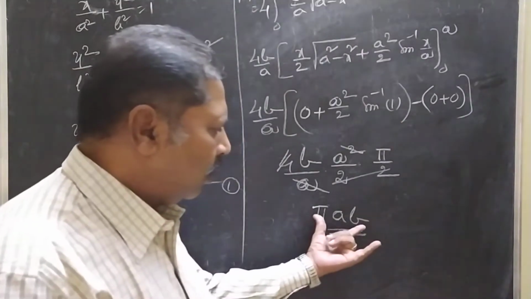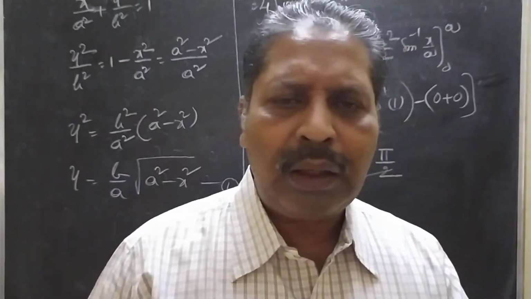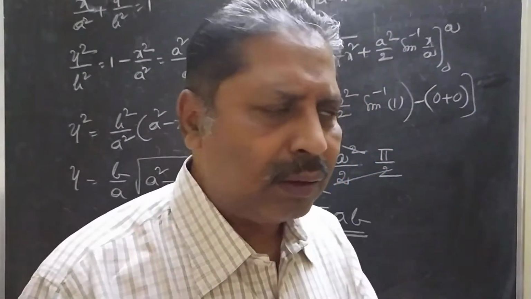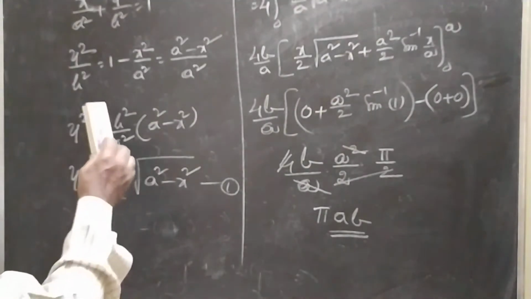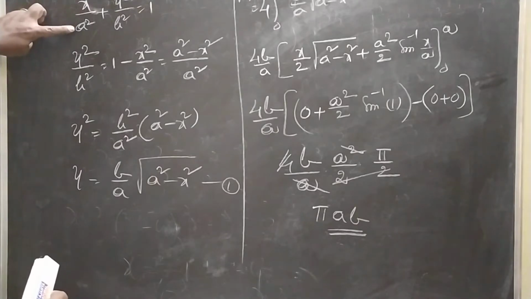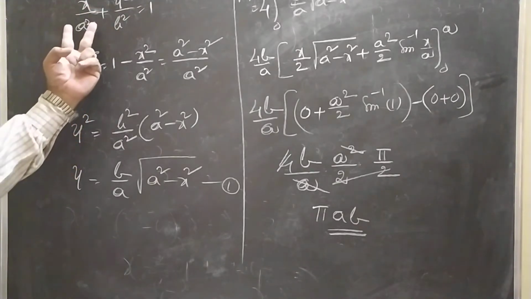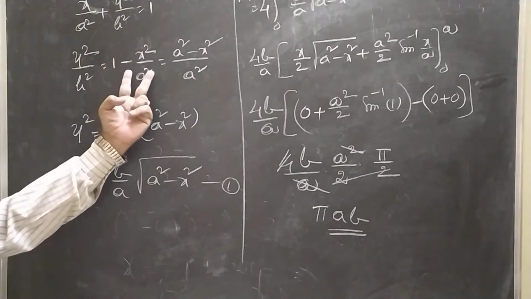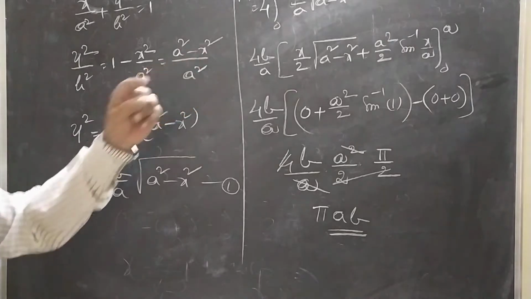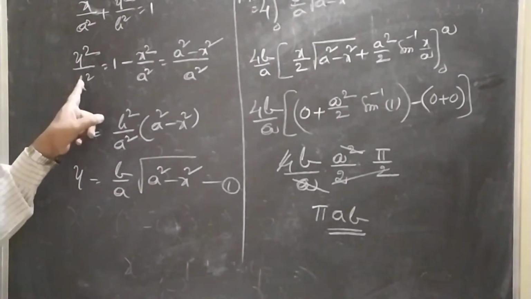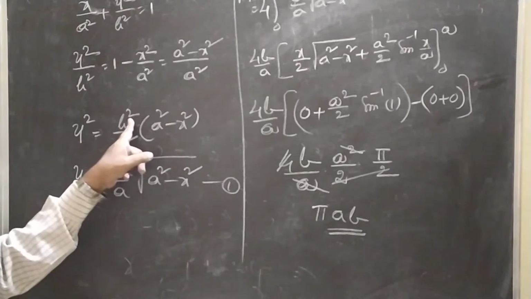Given this, also find the area of the circle. See, x square by a square plus y square by b square equal 1. First take this one to the RHS. a square LCM, a square minus x square by b square becomes 2 into b square.